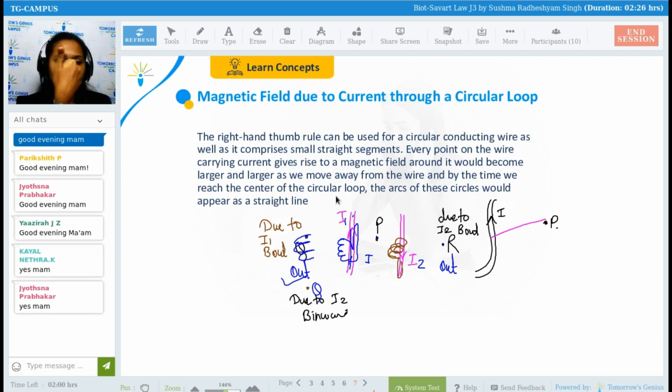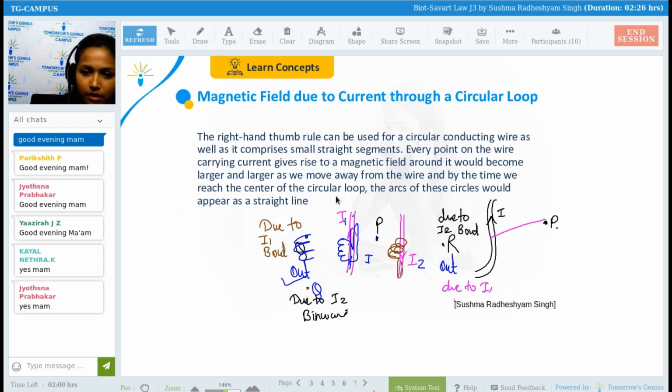It shows inward for I1. So I write here, due to I1, it's inward. Clear first of all this point? So when there are two conductors, or three conductors, don't consider only one. Consider with respect to both conductors. Getting?